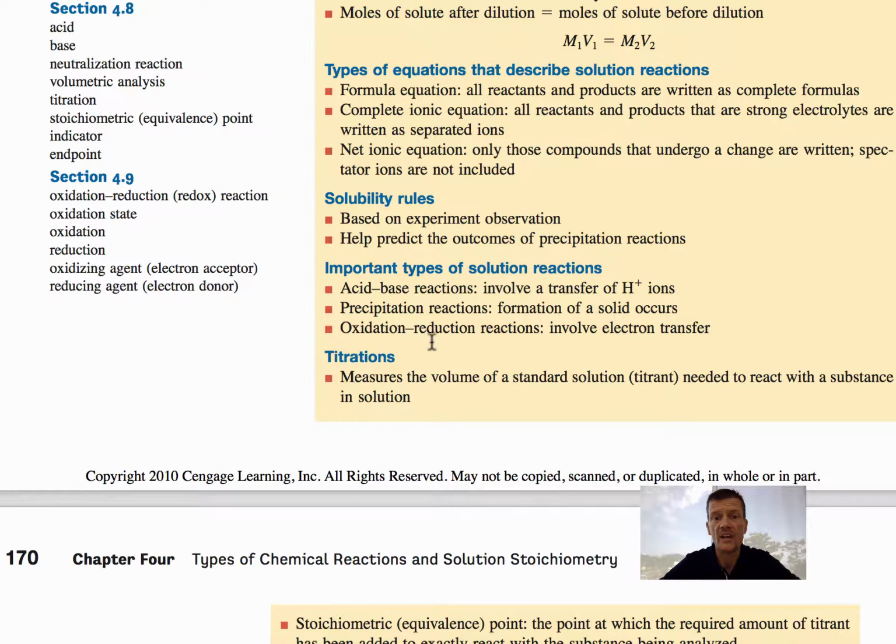The different types of reactions that you can be looking at in this chapter. Some of them involve acid and base reactions. Some of them are going to form precipitation. And another one here is oxidation reduction, and that involves the movement of electrons. That's going to come up later again when we look at electrochemistry.